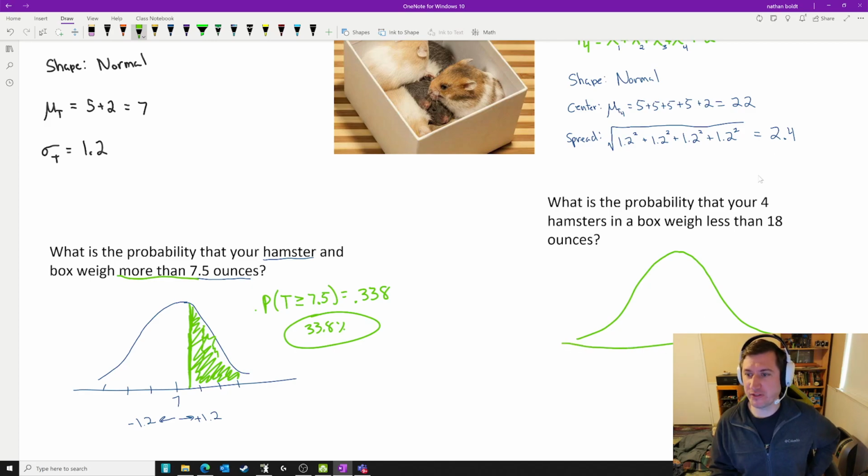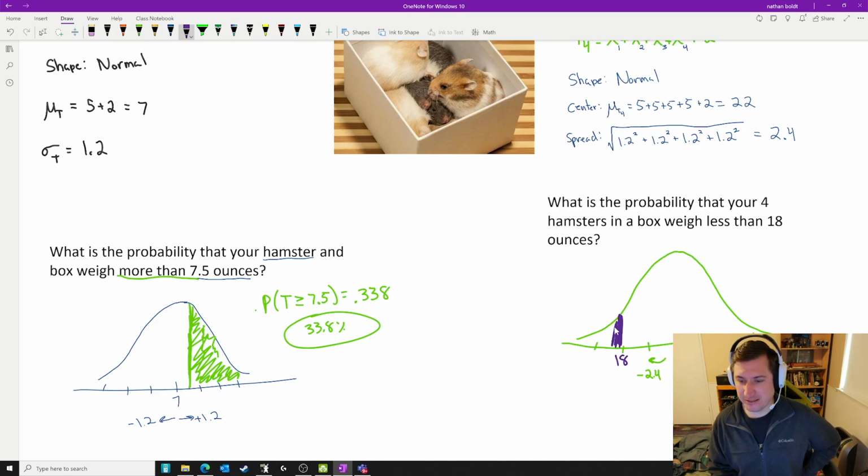Where's the center? The center is 22. The standard deviation is 2.4. So plus 2.4 over and over and over again, and minus 2.4 over and over again. Let's see, that means 18 will be somewhere over here. I'm not exactly sure where, but 18 is over here somewhere.